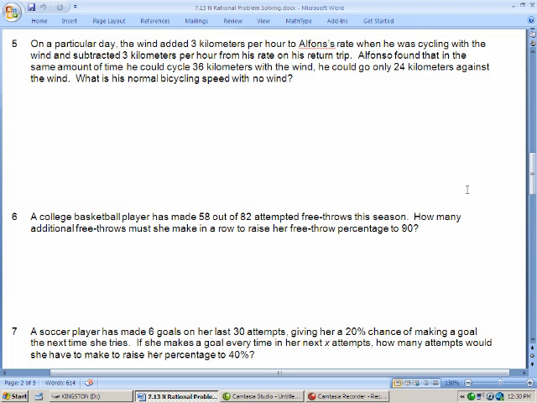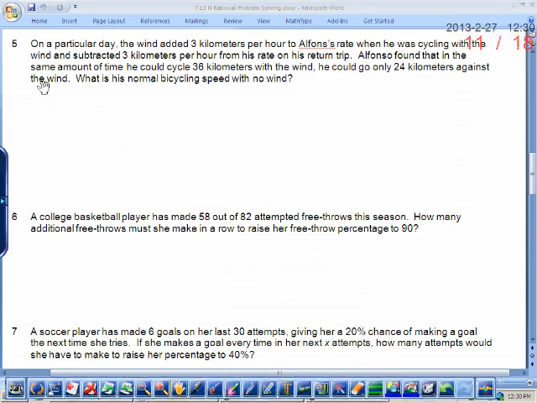All right, what do you think we're going to let our variable be here? And what is R going to represent? Look what it's asking you for. What's it asking you for? What's his normal bicycle speed?